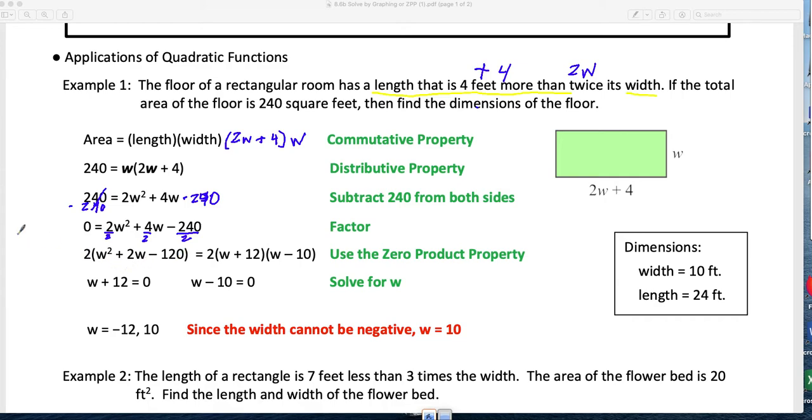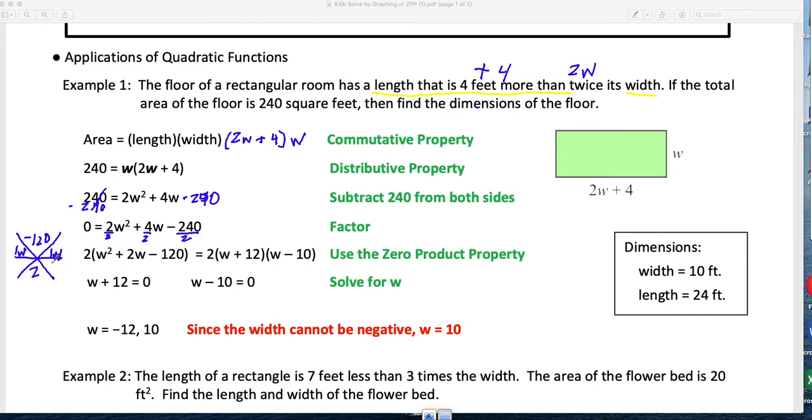Okay, at this point, if I put my diamond together so I could factor this, I would have a 1W. This is A times C. A is an understood 1, so it's a negative 120. B is a 2.